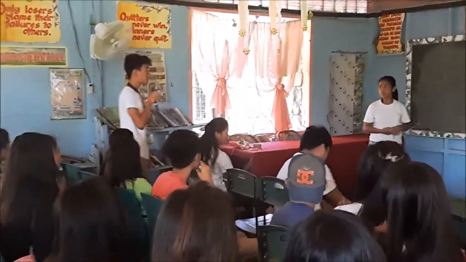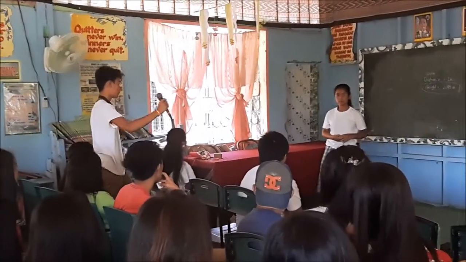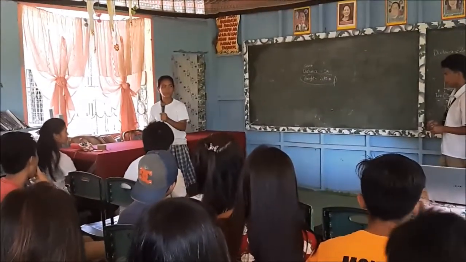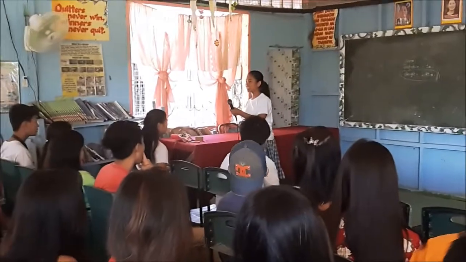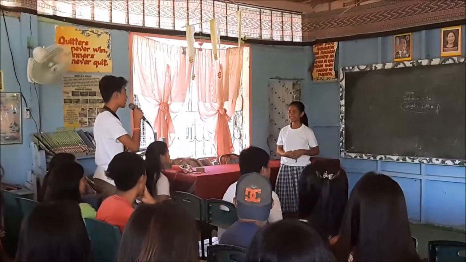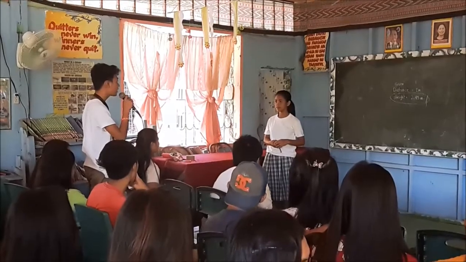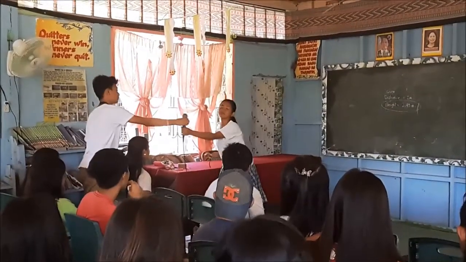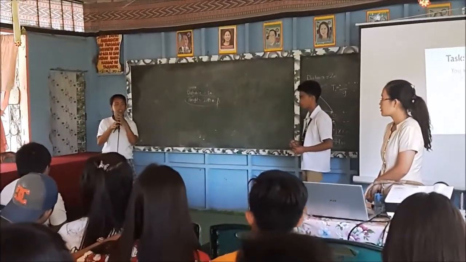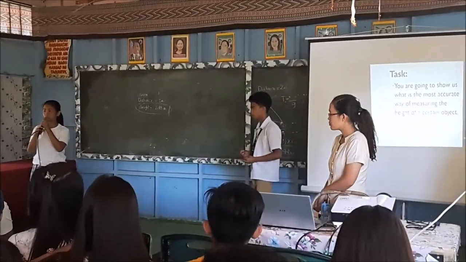Why do you think using mathematical device is more accurate in measuring the height than use of angle measurement? Mathematical device is more accurate than using angle measurement because, as I've said, it shows an actual measurement and you don't need to solve anything.